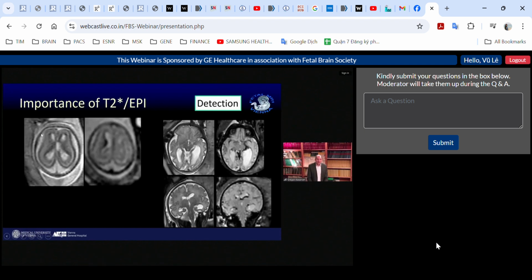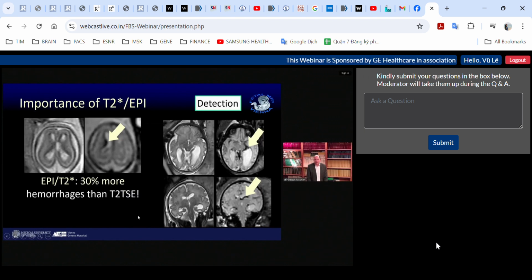You see here on the T2 no sign of any hemorrhage, but clearly on the T2 star you see a hemorrhage along the caudal groove here in a typical location. Same thing also the case here. No sign of hemorrhage seen on that one, just ventricular asymmetry, but here clearly the blood breakdown. So we see 30% more hemorrhages using the T2 star EPI image, and that is a very simple sequence.